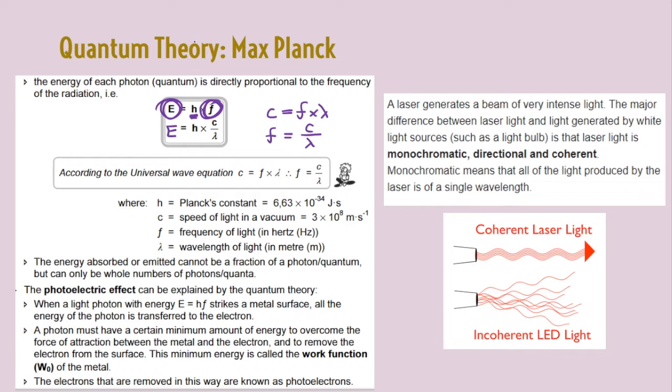In grade 10, you may have learned about quantum theory. And what quantum theory basically says is that when you have light, your photons cannot be broken up into parts. They contain specific amounts of energy, and that is why we refer to them as photons or quanta.